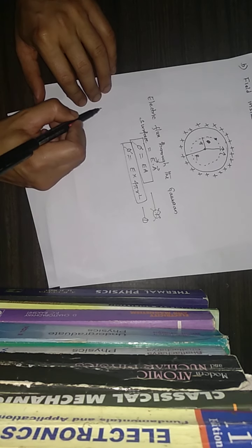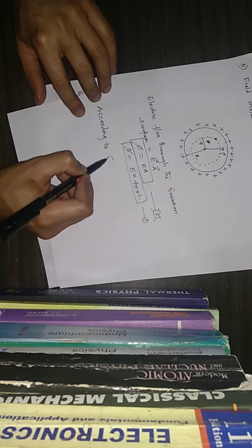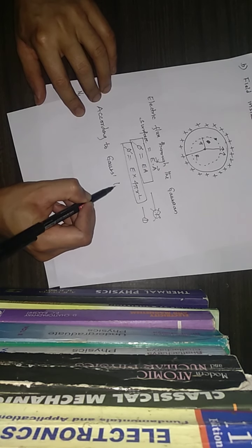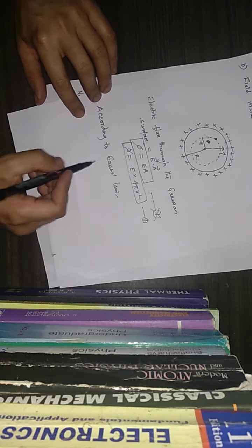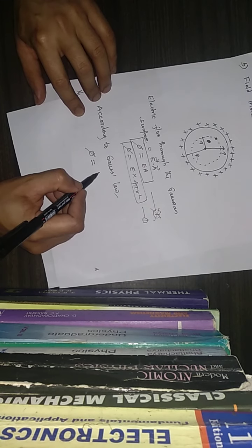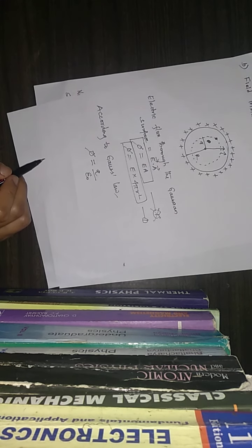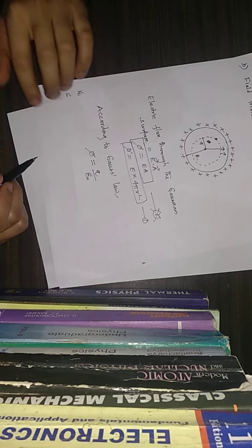Now, according to Gauss's law, the total electric flux through any closed surface, through any Gaussian surface, should be equal to the charge enclosed by the surface divided by epsilon, the free space permittivity.